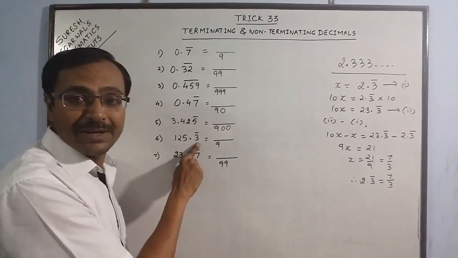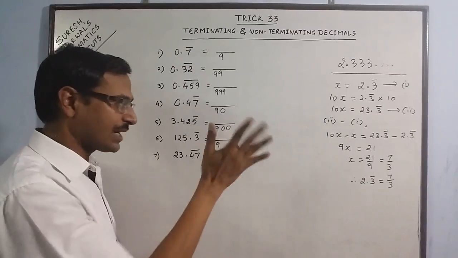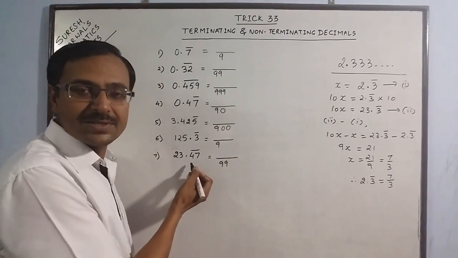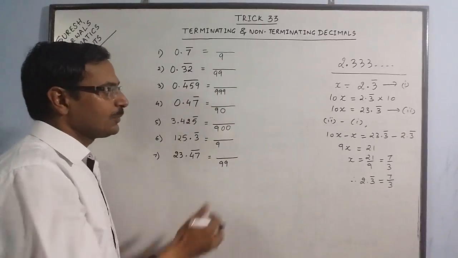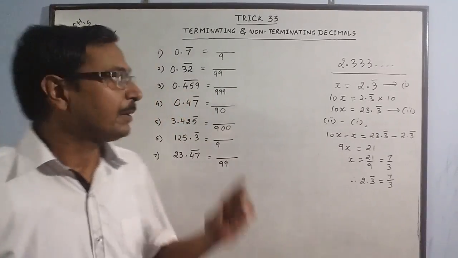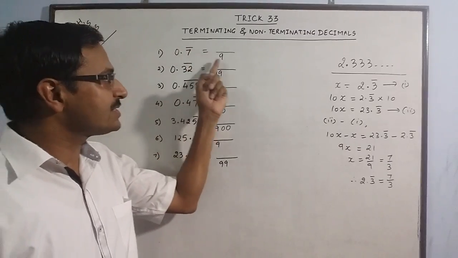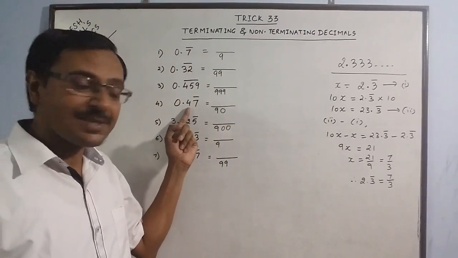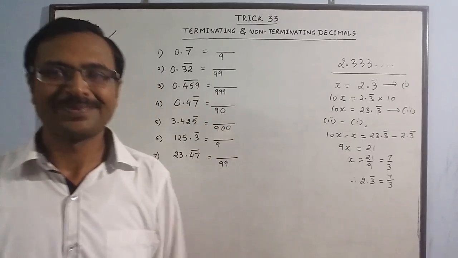Here we do not have any digit which is not repeating, so the second step vanishes. Here also there is no such digit. So two basic steps and we get the denominator. The number of repeating digits is equal to the number of nines. The number of non-repeating digits is equal to the number of zeros.